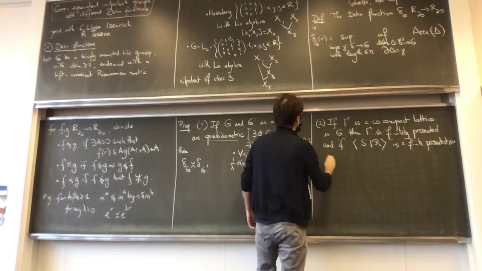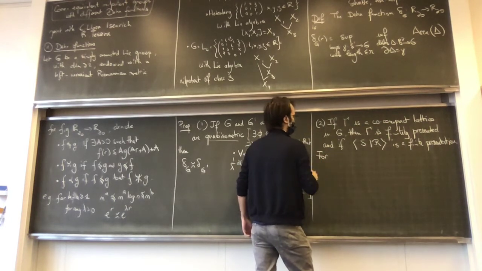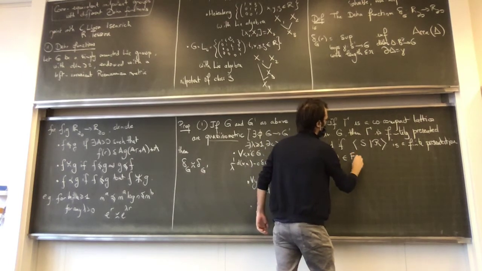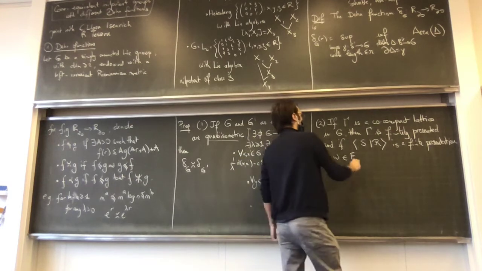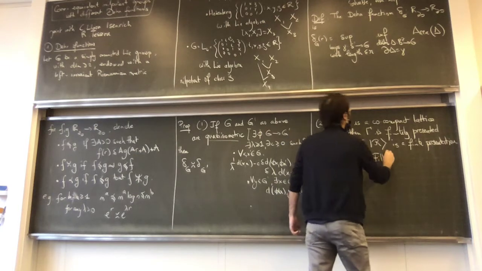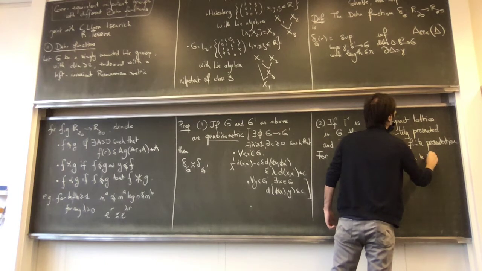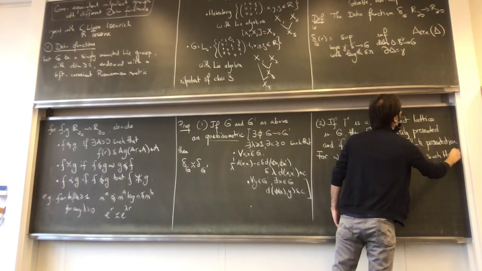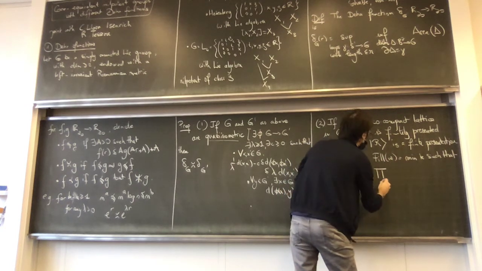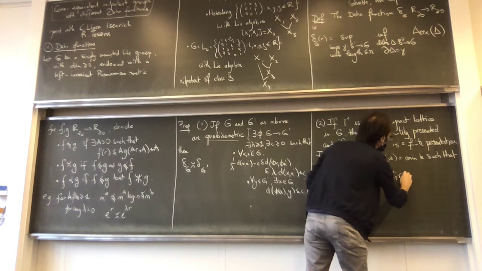So for omega a word in the free group over S, we define the filling of omega as the minimal k such that omega can be written as a product from i equal 1 to k of conjugates of the relators.